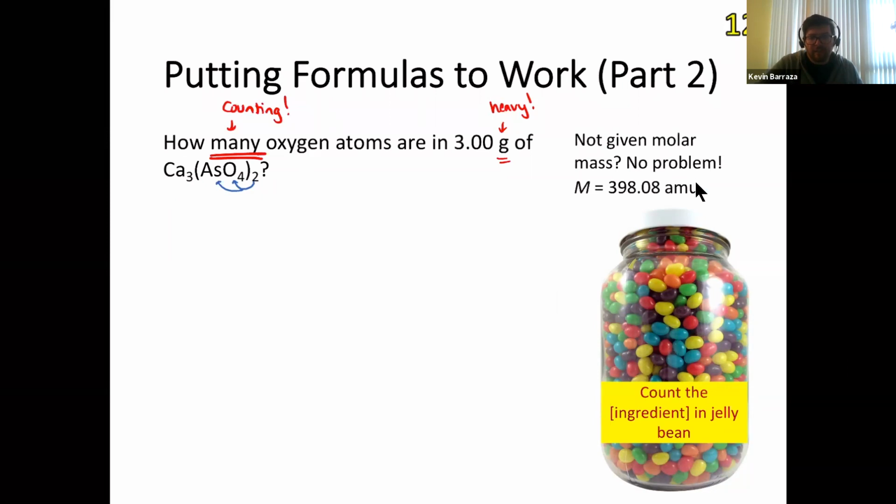398.08. Oh, actually, AMU. Remember that this number does double duty. It's both how much a single particle weighs in AMU, but it's also how much a mole of these particles weighs in grams.